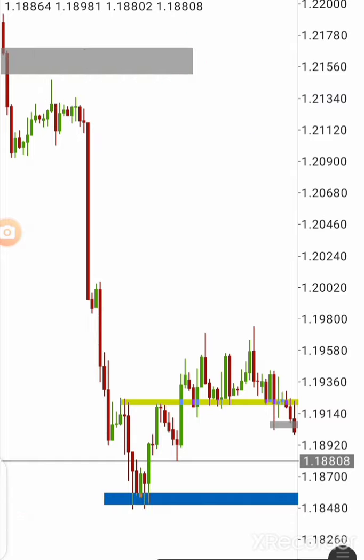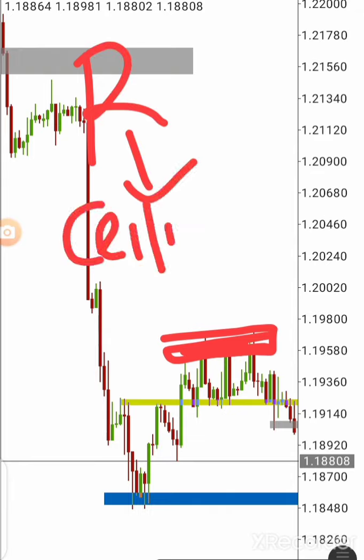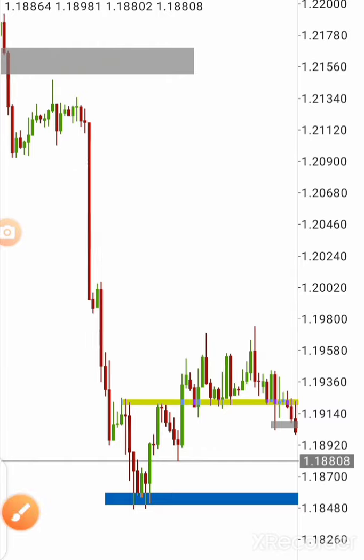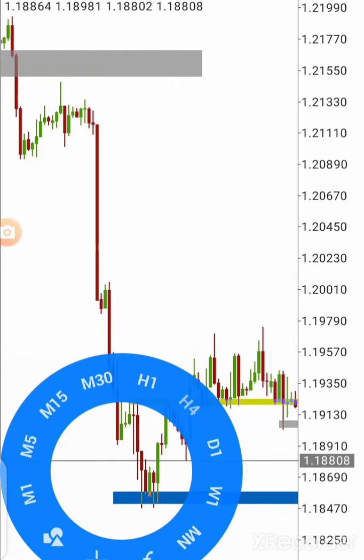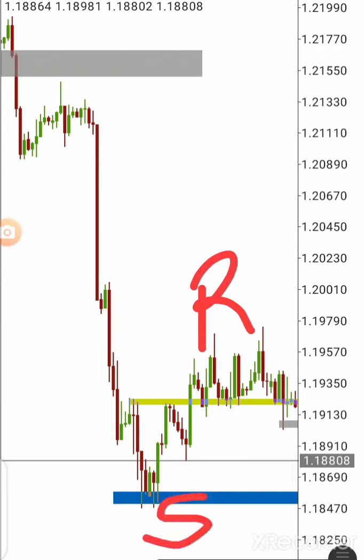And now what you have as resistance is what we call a ceiling, a price ceiling. So two things are here. This is a ceiling, a resistance. This is a ceiling, a resistance, and this is a support. It's as simple as that.